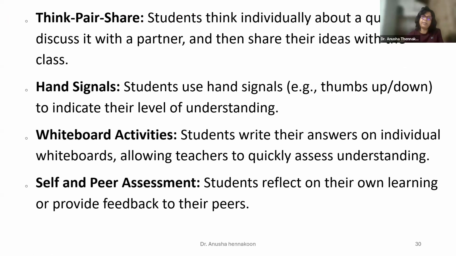And these are some other methods: think, pair, share. You can understand by reading. I am not explaining. The hand signals. Students can use hand signals, for example, thumbs up, thumbs down.